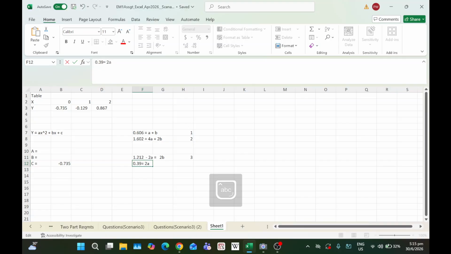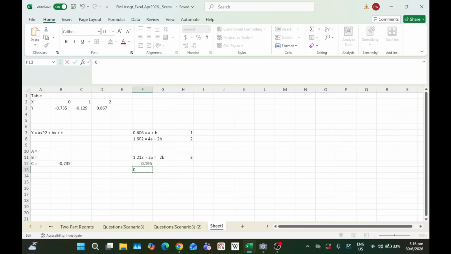And dividing 0.39 by 2 will give me 0.195.